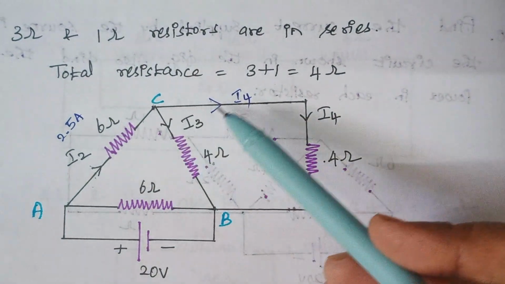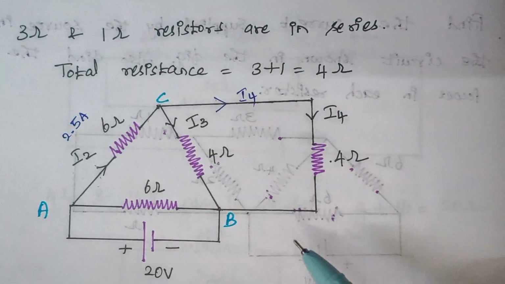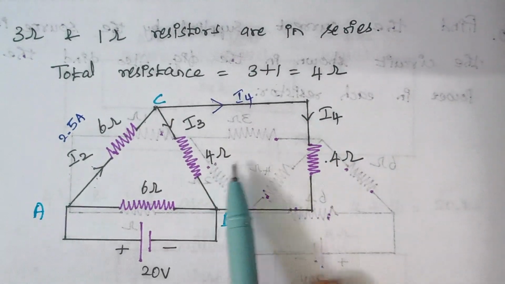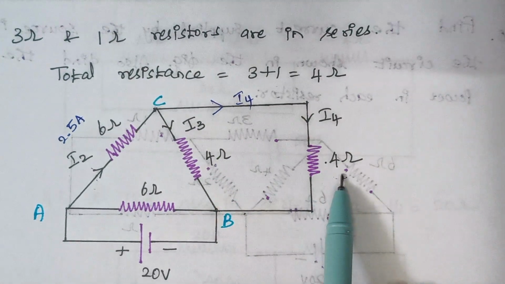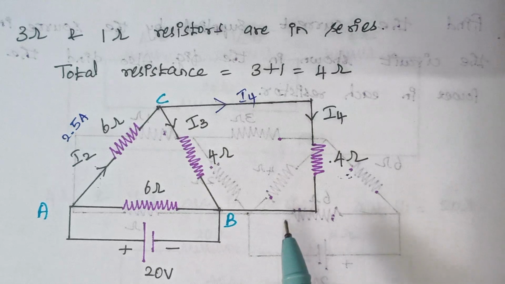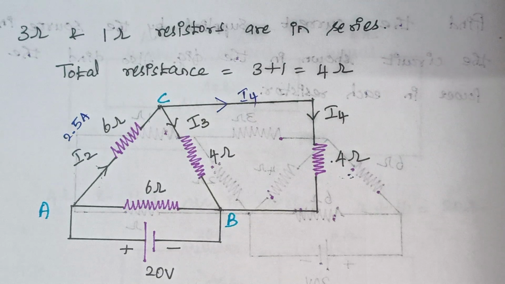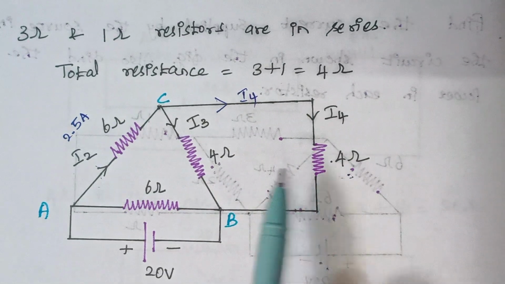So this current gets divided into two. And again, the main thing to be noted is, you see here, both the resistors are equal, 4 ohms. The resistors are of 4 ohms. So can you guess how the current will get divided? The current will get divided equally because here the resistor values are the same.